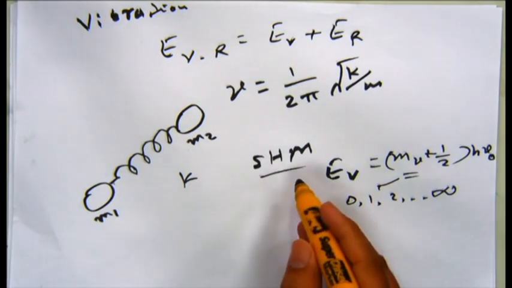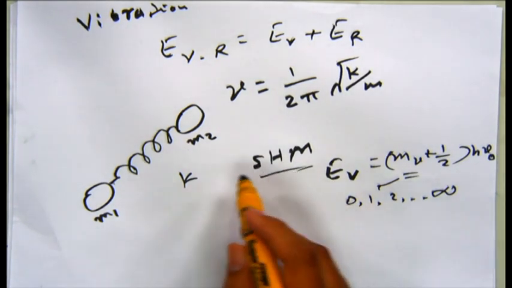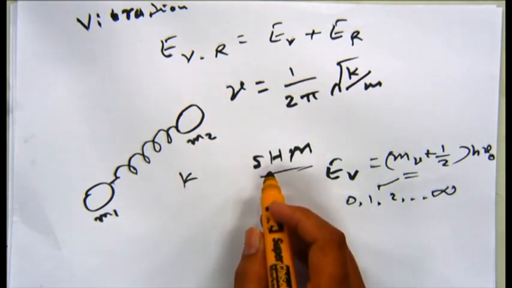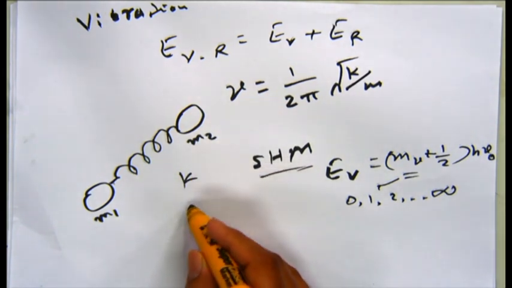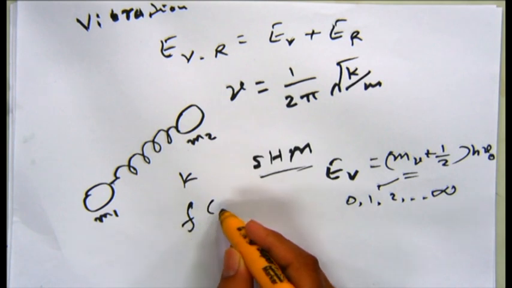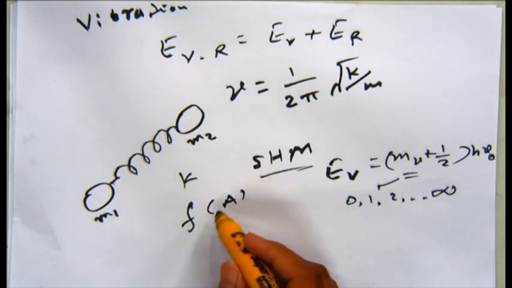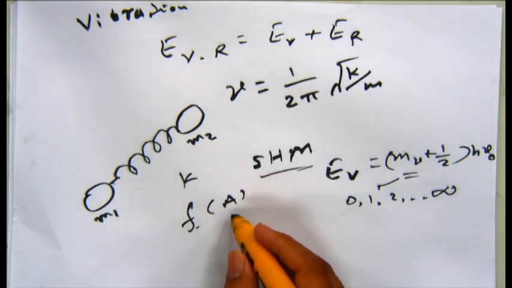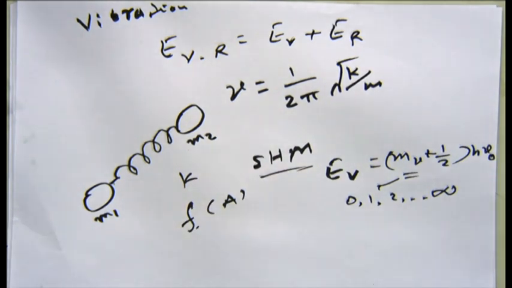The reason why the motion exhibited by M1 and M2 is called simple harmonic motion is that frequency is a function of amplitude, or if frequency is changed, amplitude is changed. So frequency varies with the amplitude, and that's why mass M1 and mass M2 are both making simple harmonic motion.